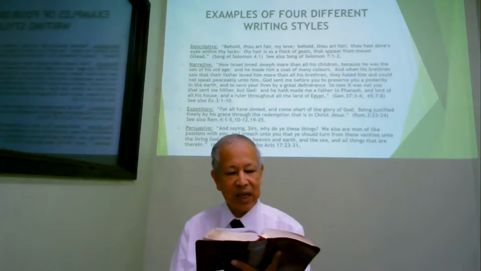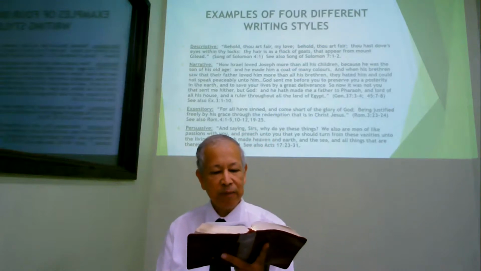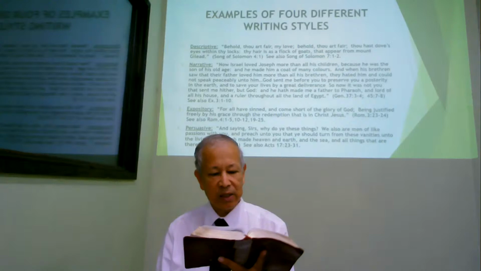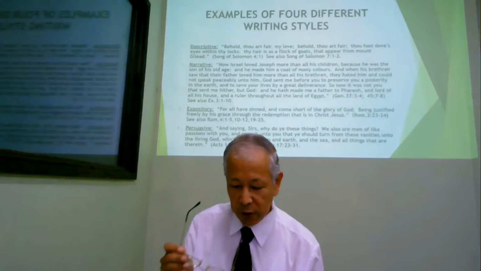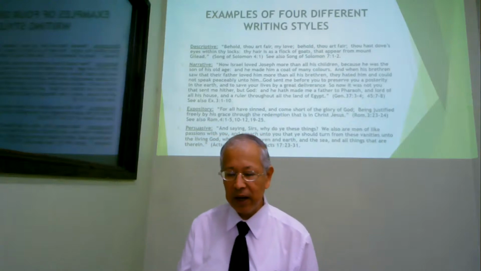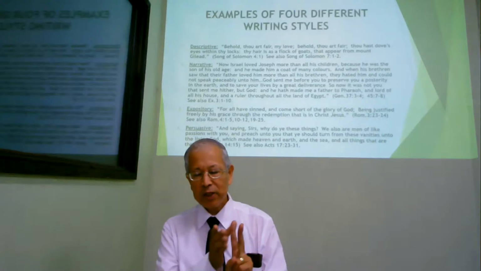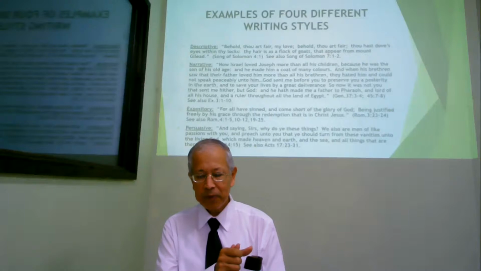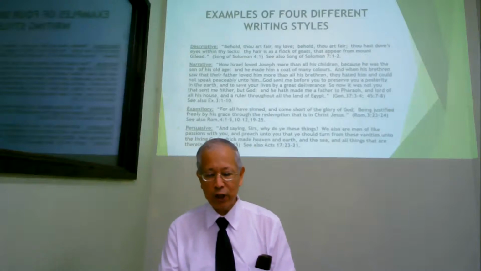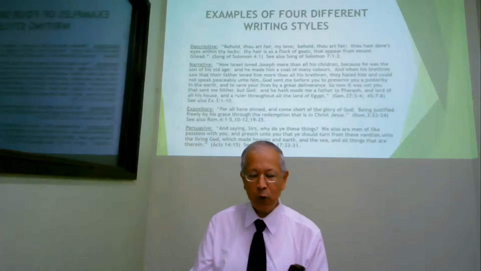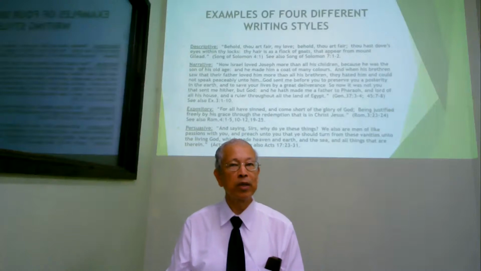Thy belly is like an heap of wheat set about with lilies. So that's what descriptive writing is like. It makes use of metaphors, it makes use of similes, it makes use of adjectives. Any question on descriptive writing?